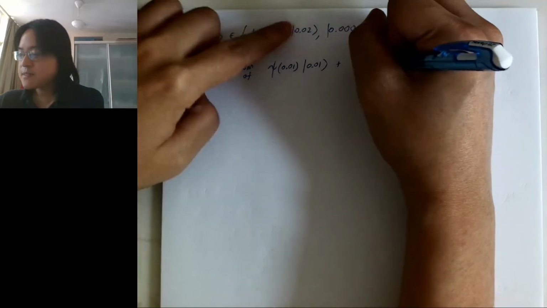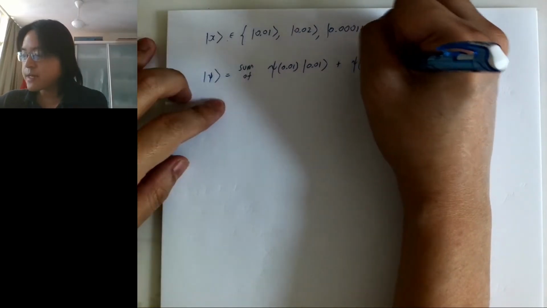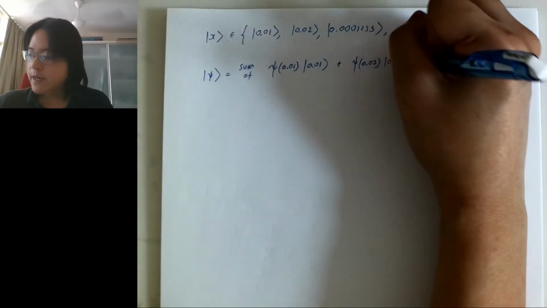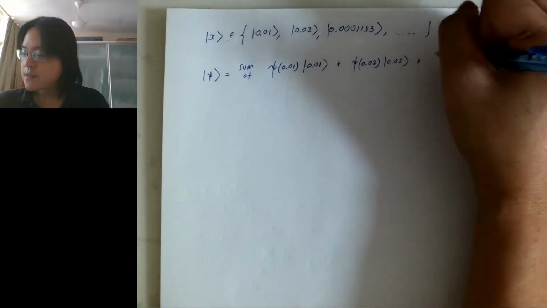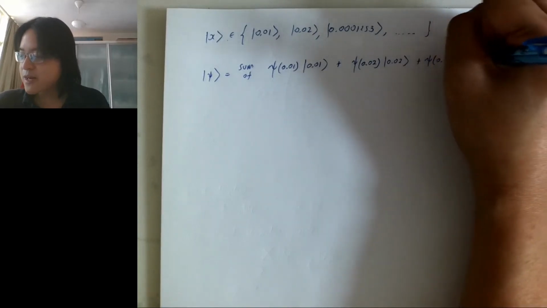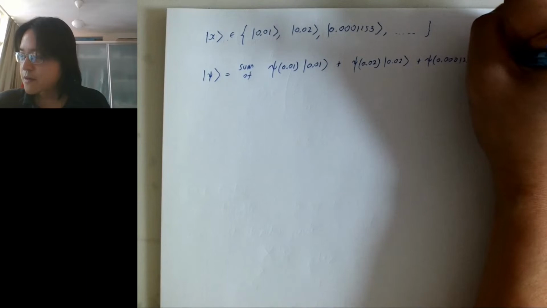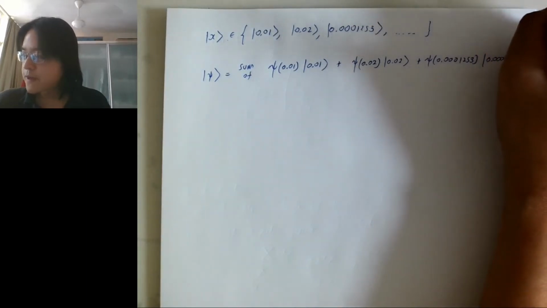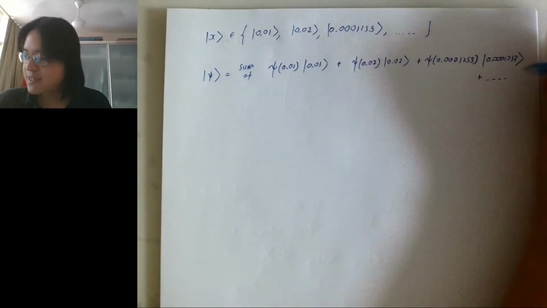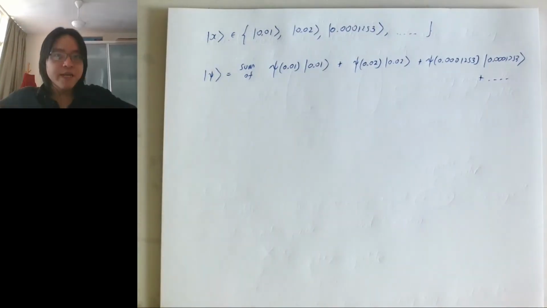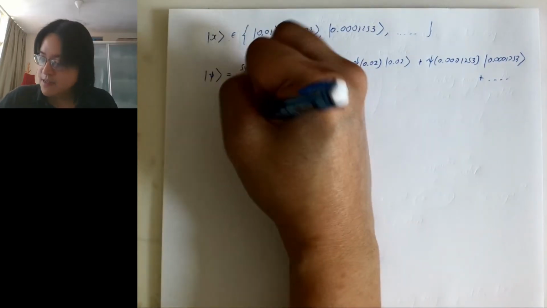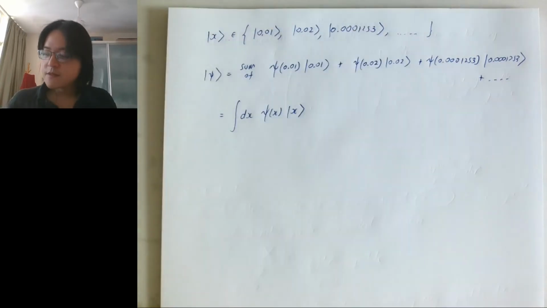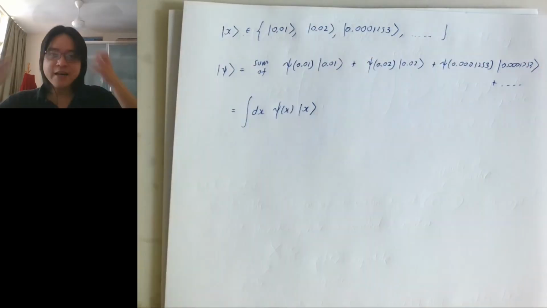If my x is 0.02, then I calculate the value of the function at 0.02. It will be some number, right? It's impossible to write everything, like 0.01253. So I sum over infinitely many numbers, and this is why I can't, but I can integrate. It's kind of like doing a Riemann sum.